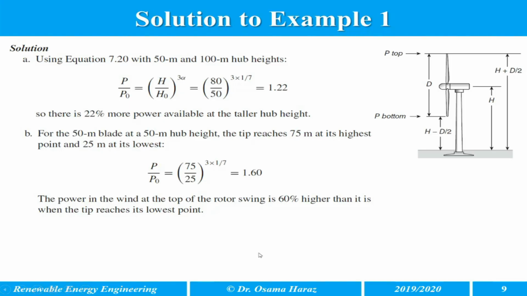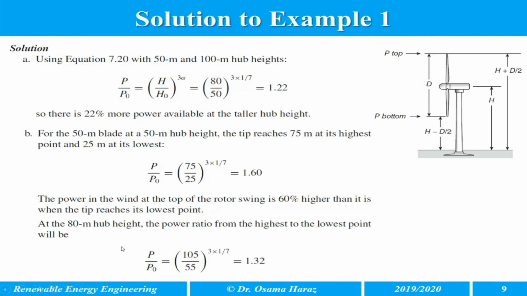This is for the 50-meter hub. What about the 80-meter hub? For the 80-meter hub, 80 plus 25, you get 105. And 80 minus 25, you get 55.